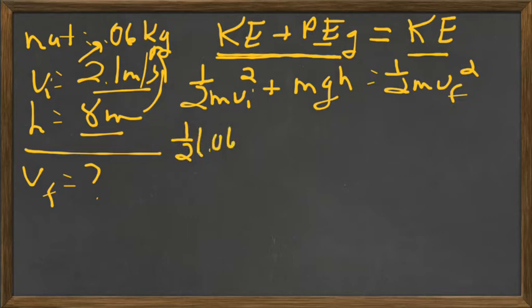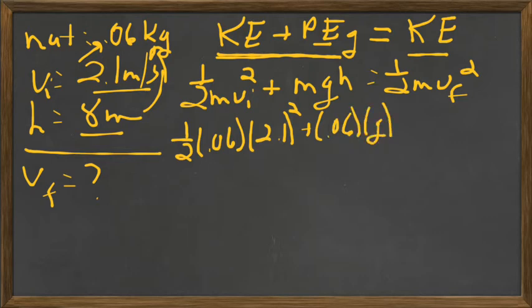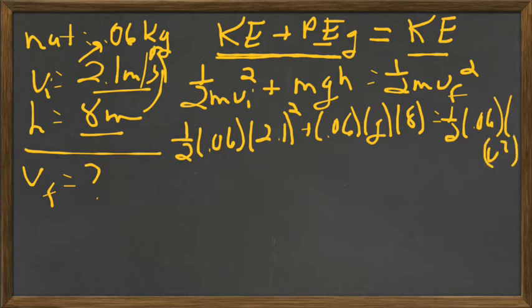I'm going to leave my units off just because this is going to get a little unwieldy here. 1/2 (0.06)(2.1) squared plus (0.06)(9.8)(8 meters) is 1/2 (0.06) v squared.